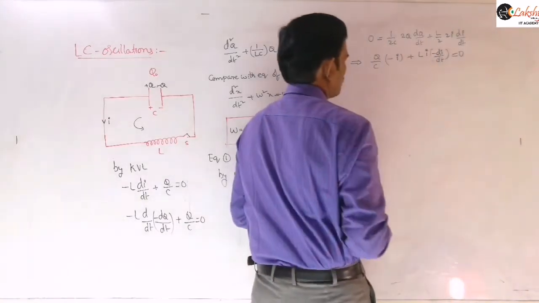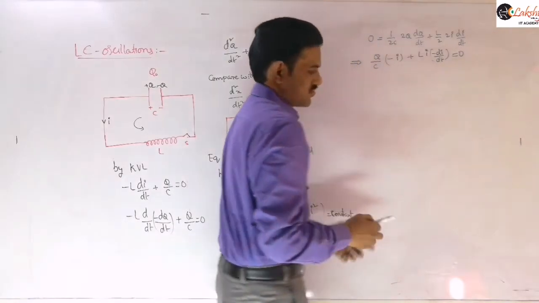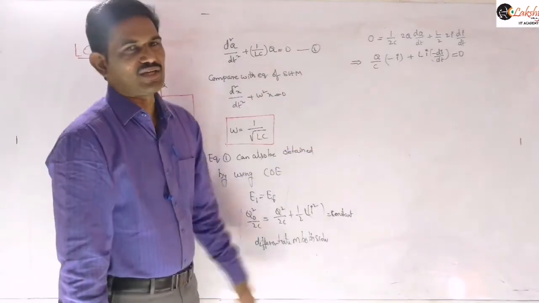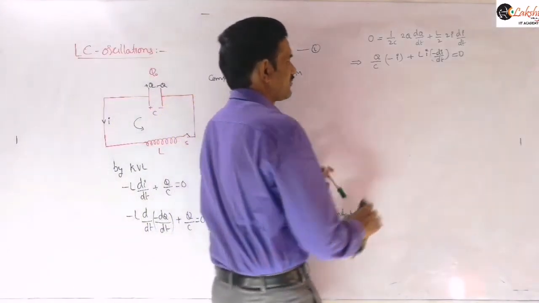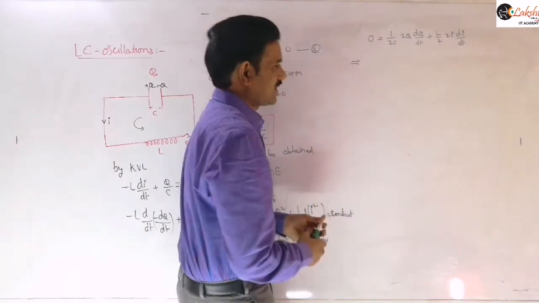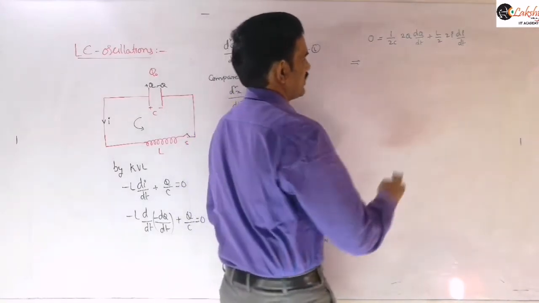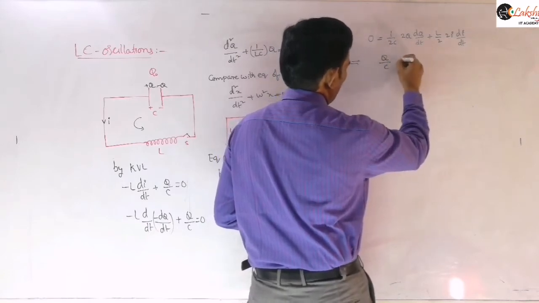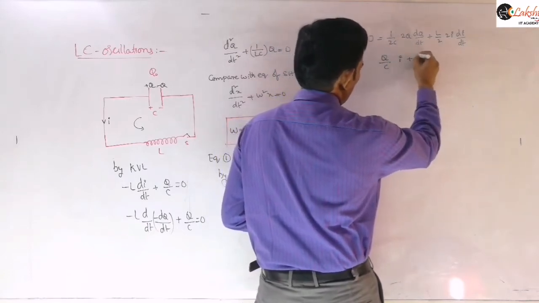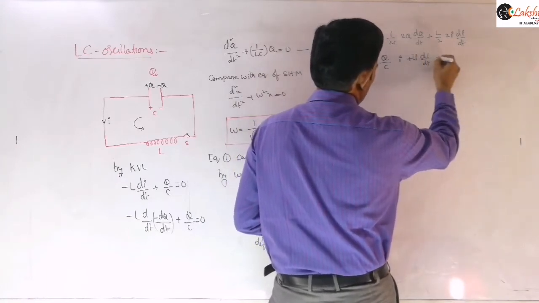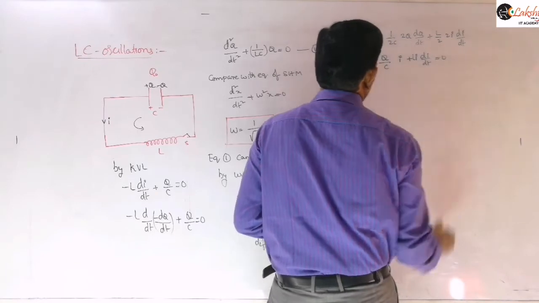You can simplify this equation without considering the signs also, or if you are getting confused, you can directly take the equation. If you are writing this conservation of energy, then directly I can write q by C into dq by dt, which is nothing but i, plus L i into di by dt, equal to 0.